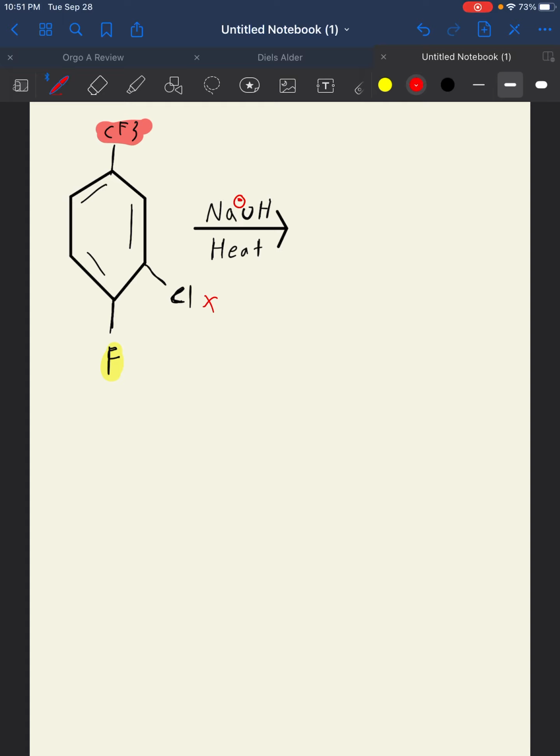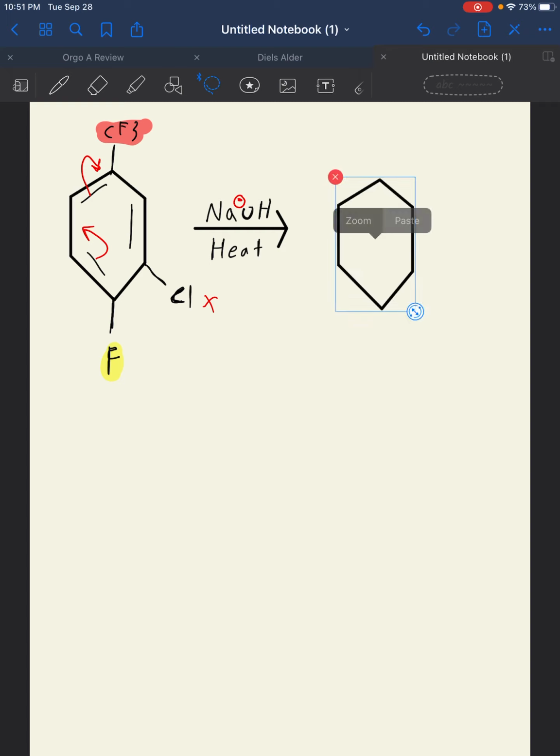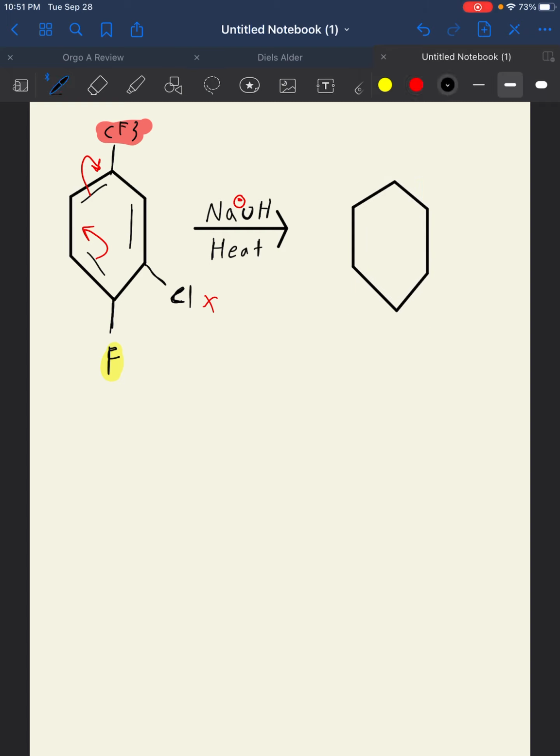Now if we draw the mechanism out, it would look like this to get to your intermediate. That's your intermediate. Once this happens, you would then have your nucleophile come in and attack that electrophile. This would leave. This would come here.